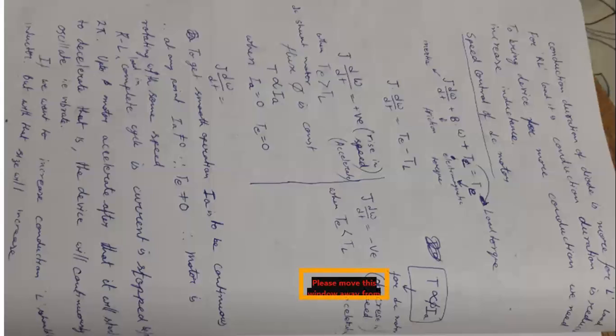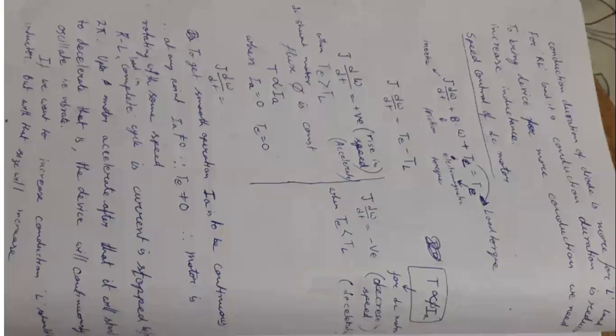When Ia equals 0, the electromagnetic torque will be 0, so J d omega dt will become negative and the speed will decelerate.